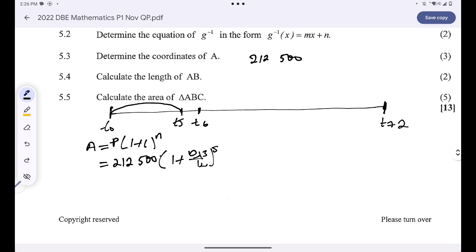So just before Thabo makes his first payment, the value of the loan is no longer 212,500, but it is 224,262 rands 53 cents. But let me not round off. I'll only round off at the final answer.